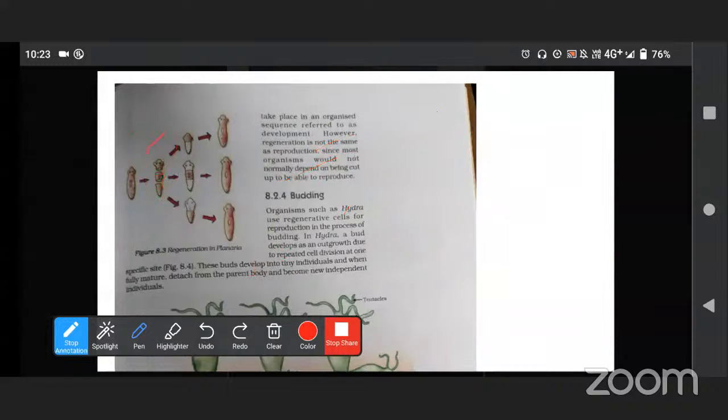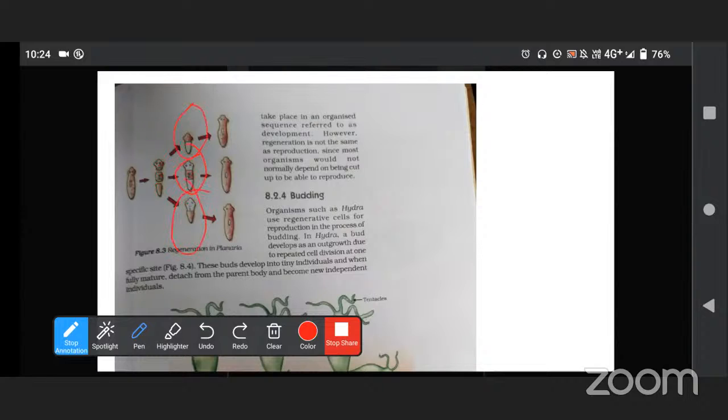Here you see this is their head part, middle part, tail part. From each part, one new individual will be produced. You see here one planaria is formed. From the middle part, another planaria will form, and from the tail part, another planaria will form.